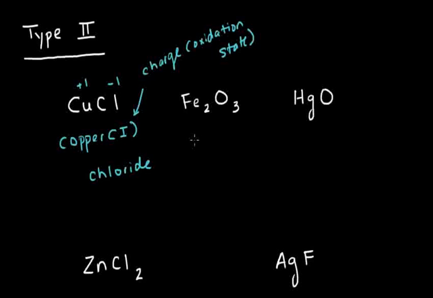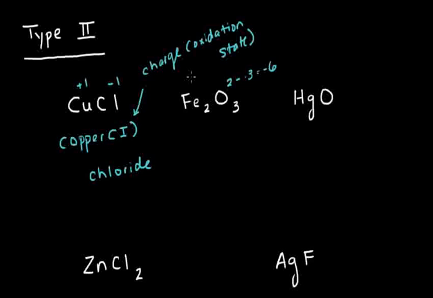So let's take a look at iron. Iron can also take on a variety of charges or a variety of oxidation states. If you don't know what oxidation states are yet, don't worry. They're pretty much just the same thing as charge for our intents and purposes. And so again, let's use our strategy. Let's take a look at the charge on the anion. Oxygen has a charge generally of 2-, so times 3 is going to be -6.